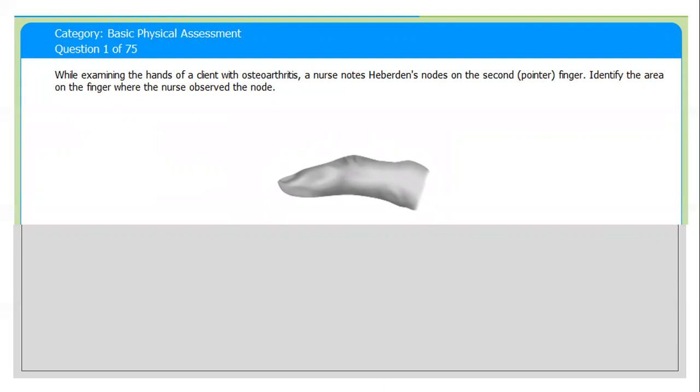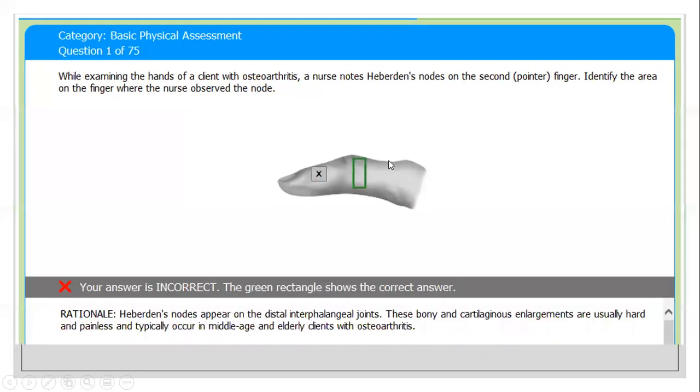The nurse notes Heberden nodules on the second fingers. Identify the area on the fingers where the nurse observes the nodes. Is it the tip, the first joint, or the second? The correct answer is the distal interphalangeal joints.